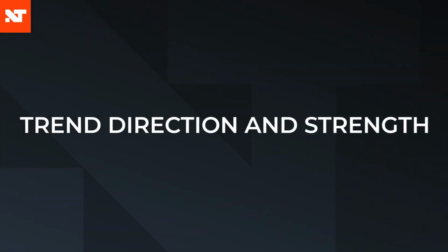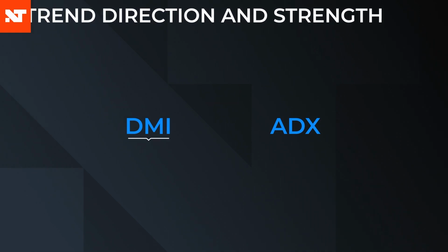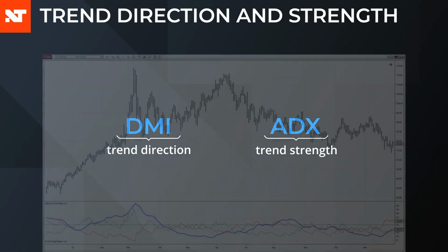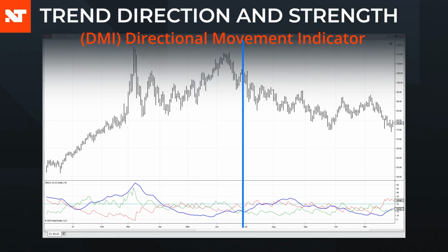Trend direction and strength. The DMI and ADX indicators are used to determine trend direction, DMI, and trend strength, ADX. The directional movement indicator, DMI, compares the change in highs and lows from bar to bar to determine whether a bar's move is more positive or negative.